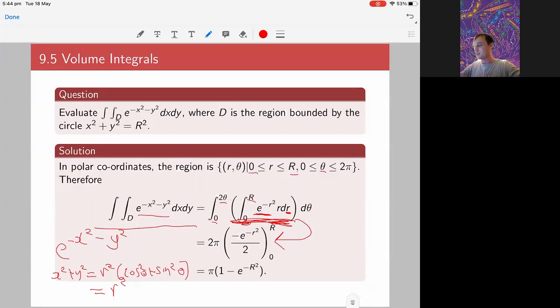I wondered if you could just put a message in the chat indicating what integral technique I used to do this. Yes, this was an integral by substitution.